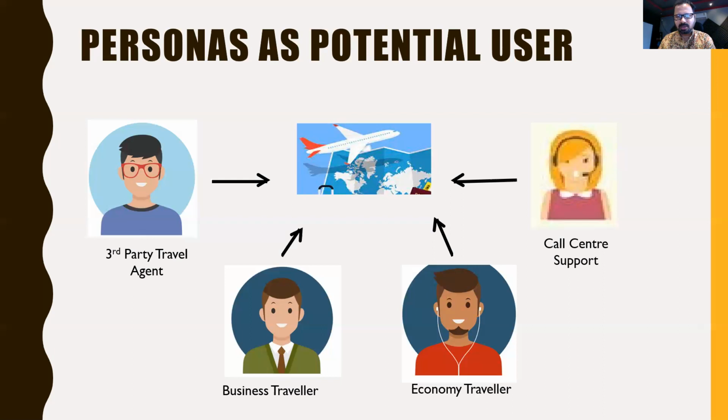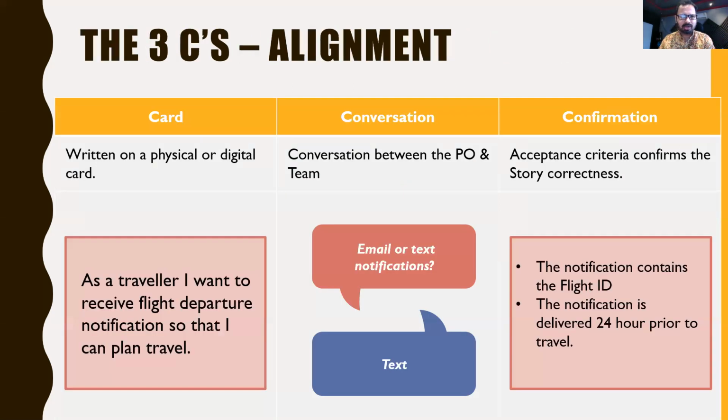Persona is a potential user. Only when we understand personas, we will be able to write effective or clear user stories from their point of view. Now, who actually defines the user stories? Our product owner defines the user stories. And what is important for him to define the user story?